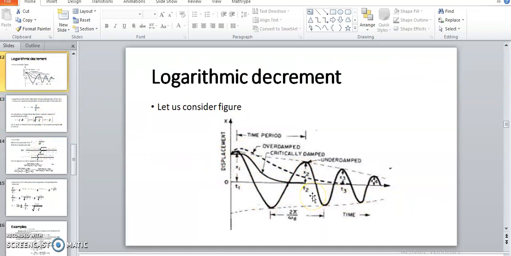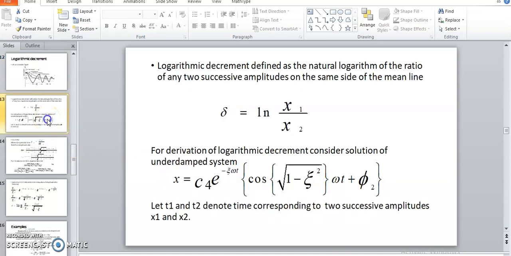So the logarithmic decrement delta is the natural log of the ratio of two successive amplitudes, x1 by x2. It gives the rate of decay for that particular system.